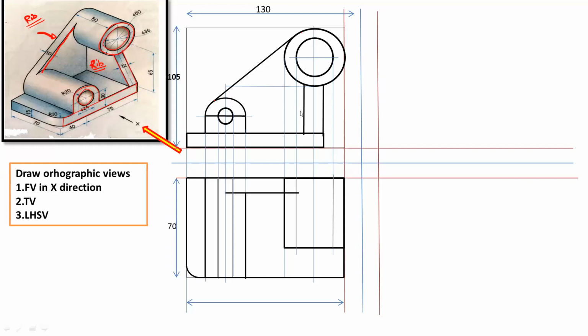So now we will try to complete the side view. So here in the top view, two lines are remaining. So you should project these two lines of the ribs in the top view.